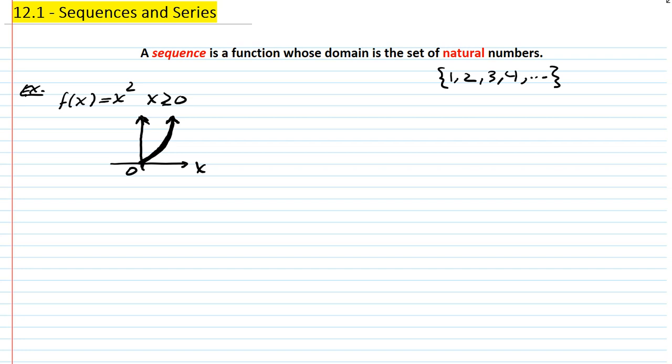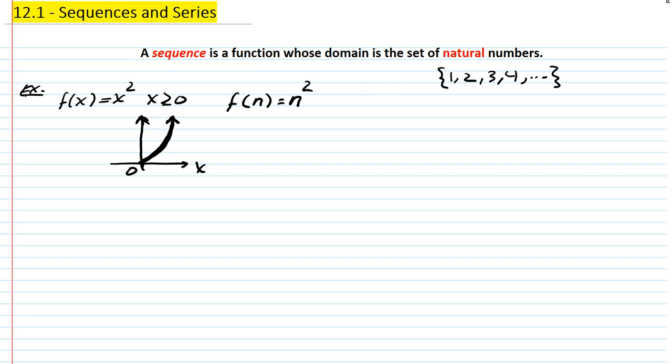Now we can turn this into a sequence by, first of all, using n instead of x to differentiate between the variables. And by virtue of defining the sequence, its domain is the set of natural numbers, so I don't need to repeat that.